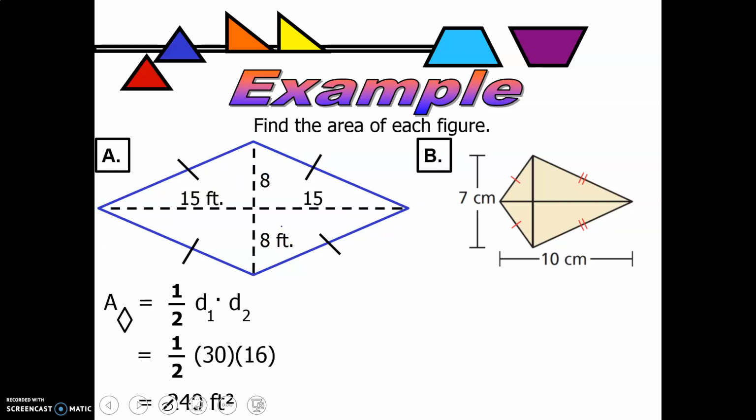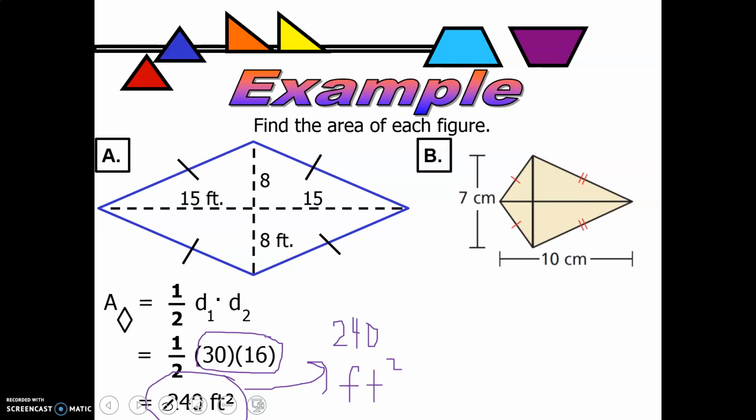So when we plug that in, we get 1/2 times 30 times 16, and that area is 240 square feet. Now, my writing tools may be blocking that, so let me write that again. 240 square feet. So as before, you can multiply 30 times 16 and divide that by 2 if you'd like.